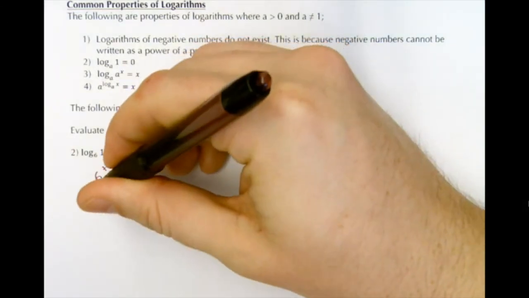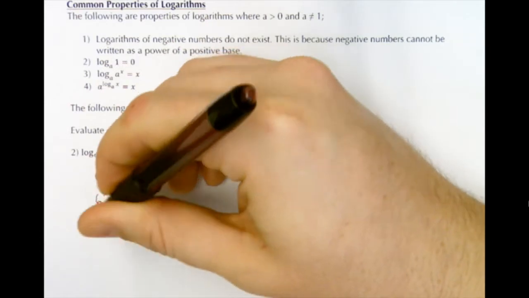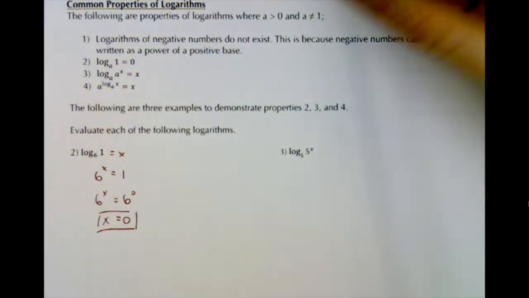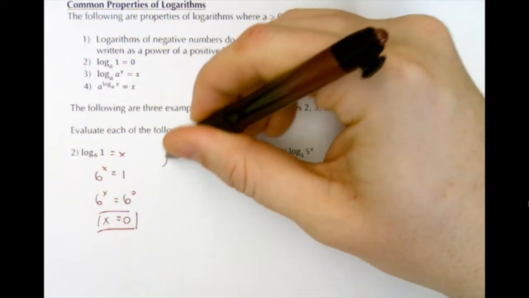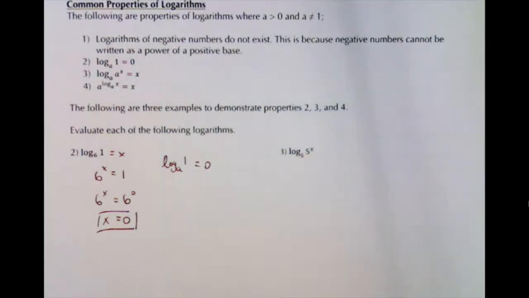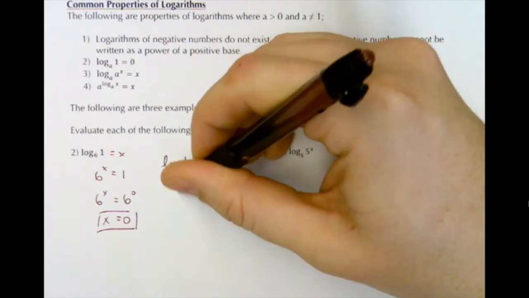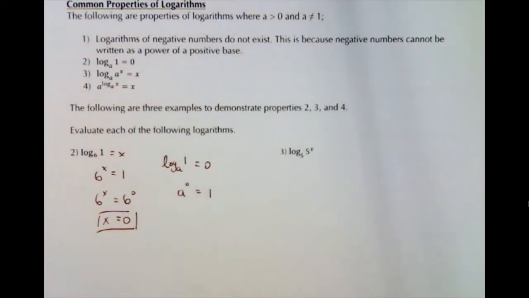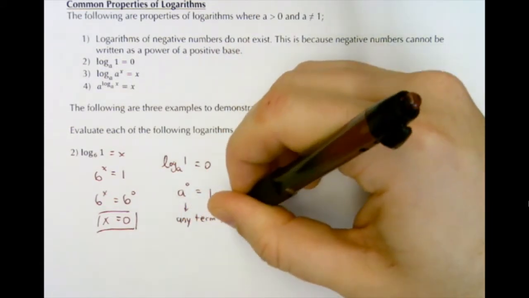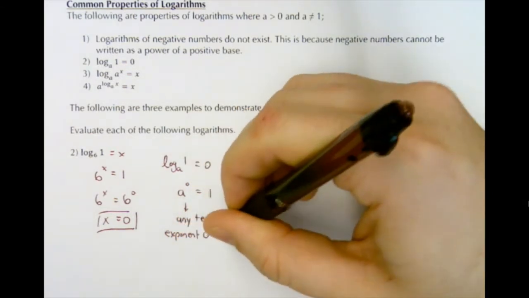And the answer is, of course, 0, because 6 to the exponent 0 equals 1. So in a general sense, if we had the log of 1 base a equals 0, that's our common property. If we rewrote this as an exponent, that would be a to the exponent 0 equals 1. And that's true because any term to the exponent 0 does equal 1.